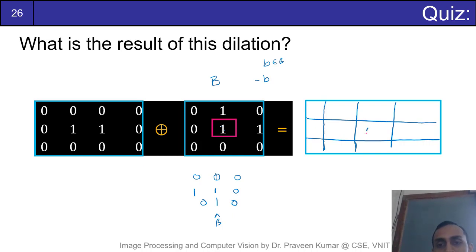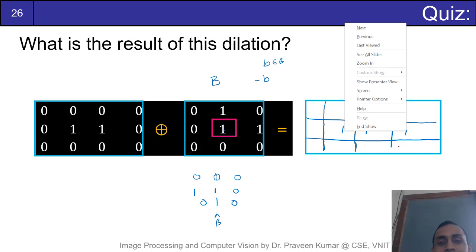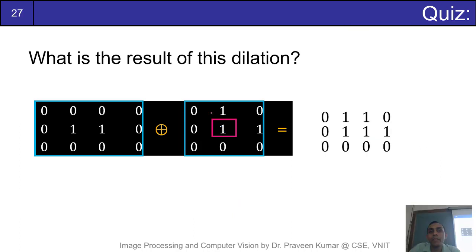And if you do the dilation of this on this, what will be the result? So these will remain as they are. Additional pixels will be added where? Here or here? What about here? Right now it's only dilating on one side.